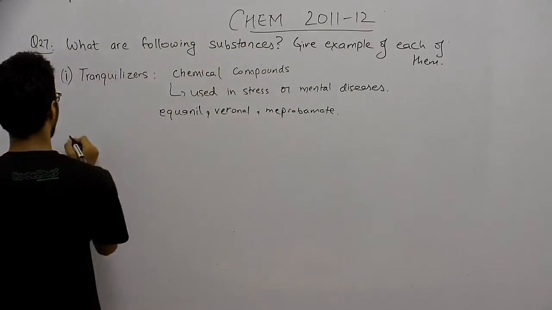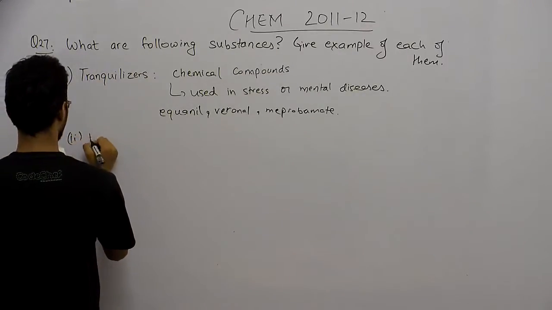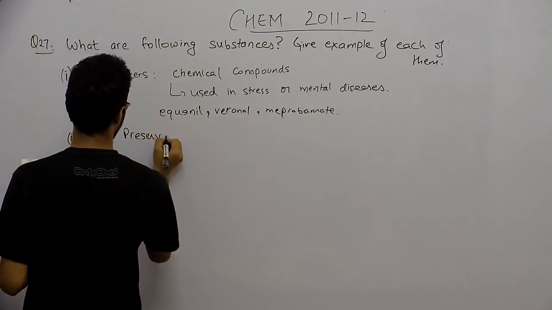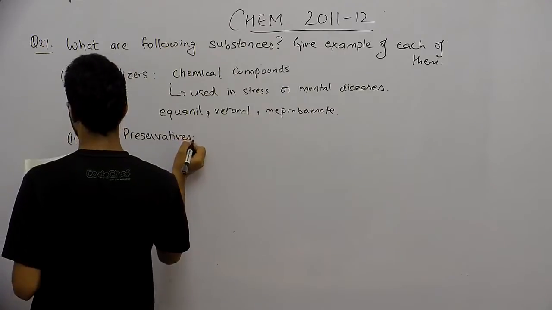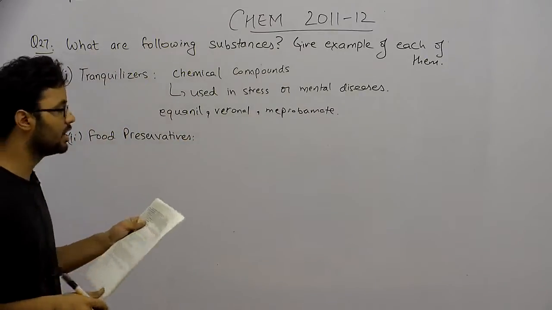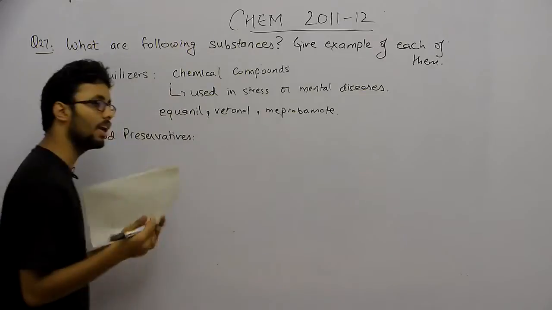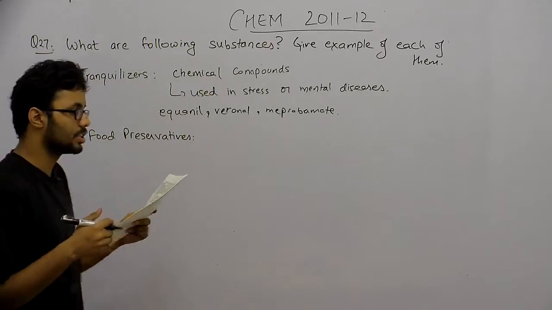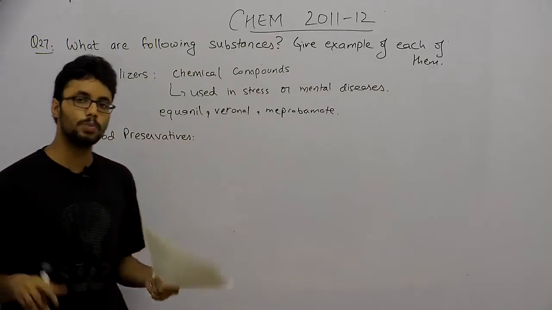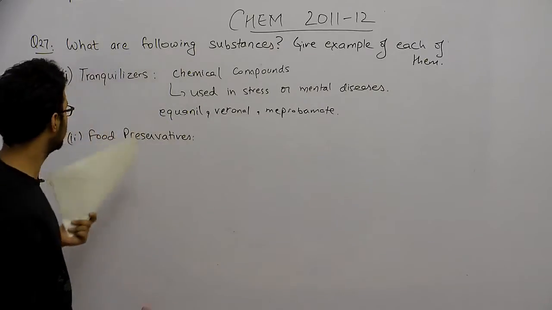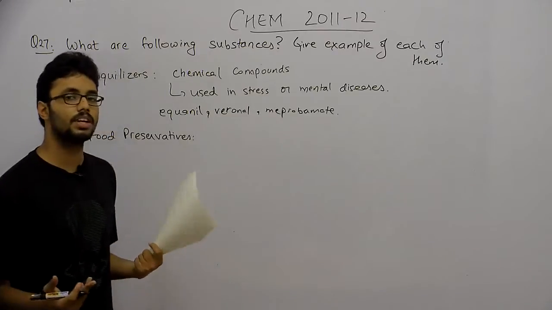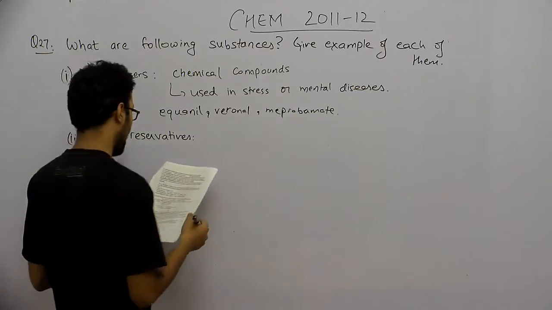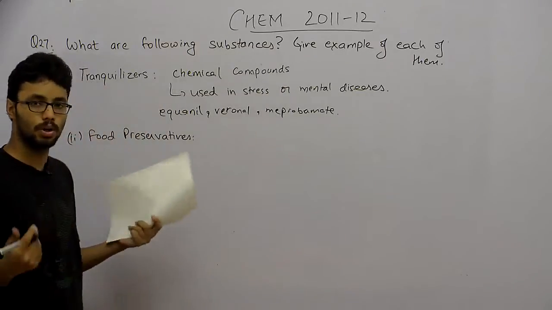So the second part is food preservatives. So what are food preservatives? These are the compounds that prevent spoilage of food. Basically, the spoilage of food is due to microbial growth. So these compounds, food preservatives, reduce the microbial growth and therefore help in preventing spoilage of food.